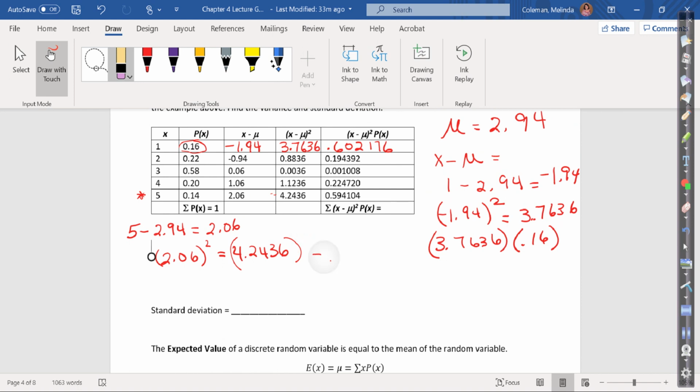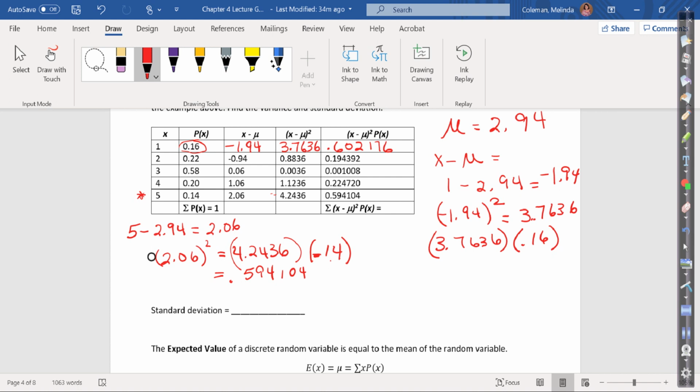I'm going to take that number and multiply it by my P of x, which in this case was 0.14. And when I multiply the 4.2436 times the 0.14, I do indeed get 0.594104.